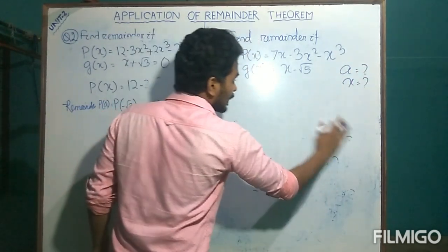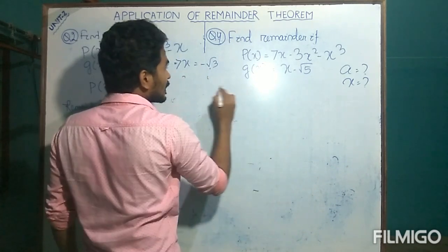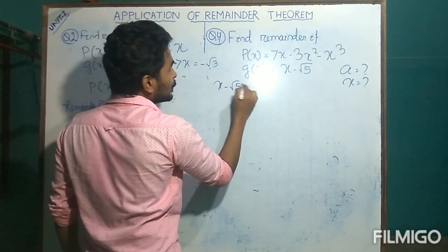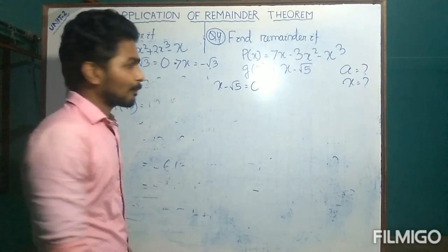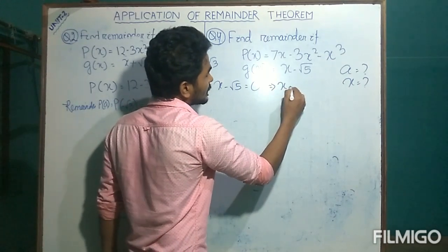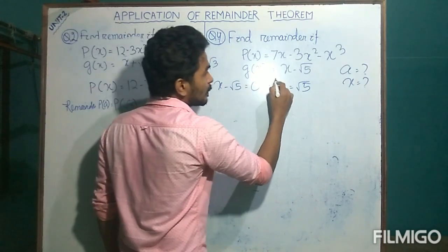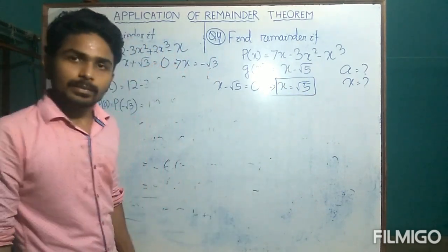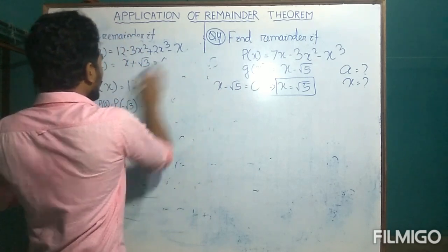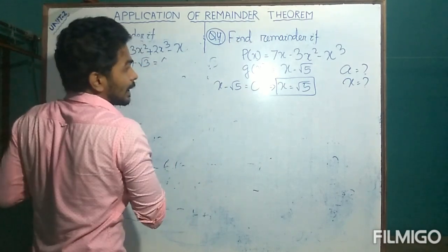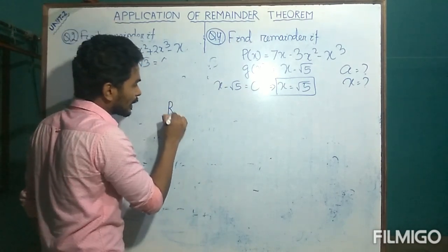How can we find the value of this? By putting x minus root 5 to 0. Then we have x is equal to root 5. So we get the value of x will be root 5. So this is clear. Now keep going forward, as we are going to find the value of the remainder.